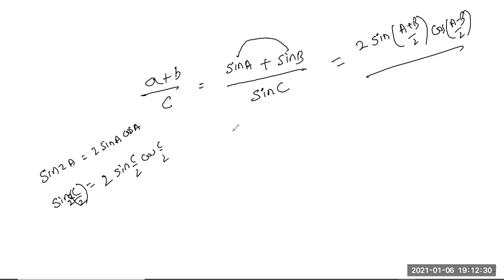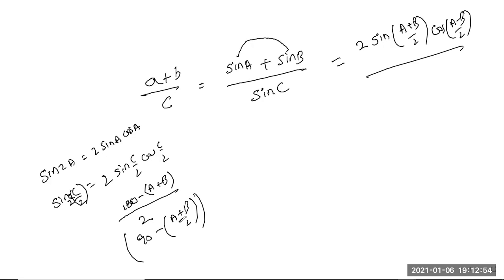Also, in a triangle, angle C is 180 minus (A plus B). If I divide by 2, you will get C by 2 equals 90 minus (A+B)/2.